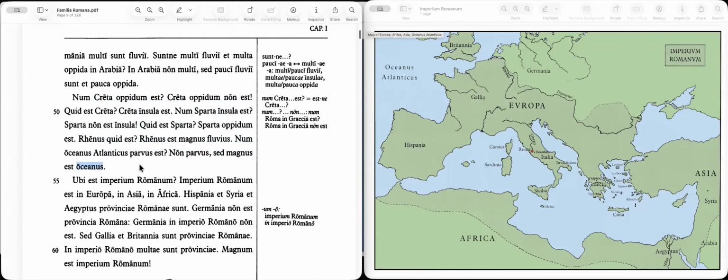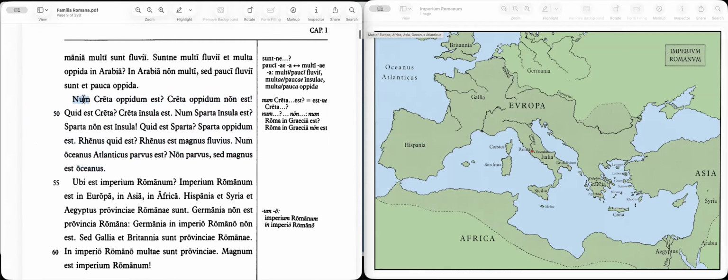Oceanus. All right, now this is the fun one. What does this mean? Num Creta oppidum est. Any takers? Except Teresa, who knows, and my wife, who knows.